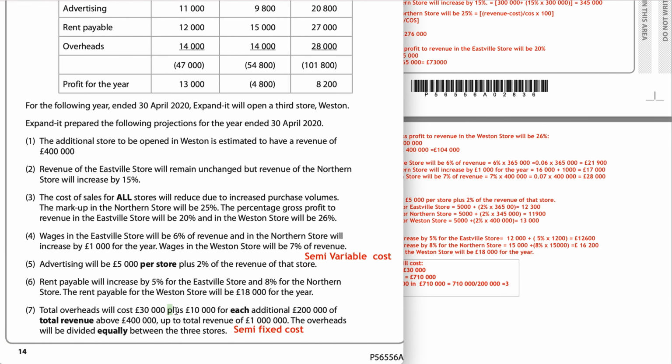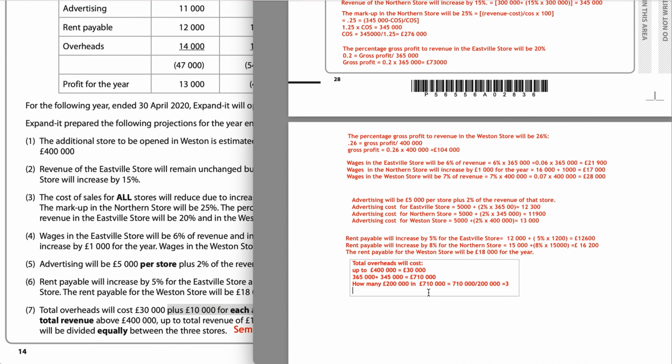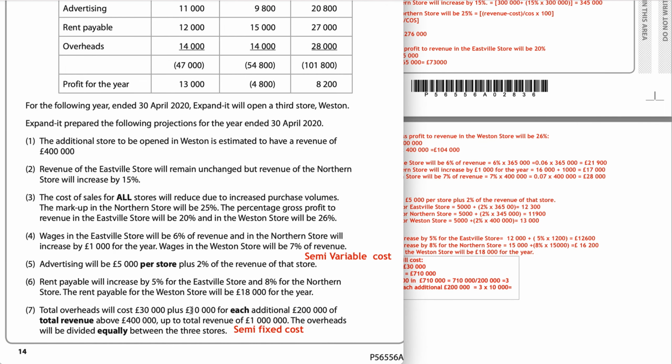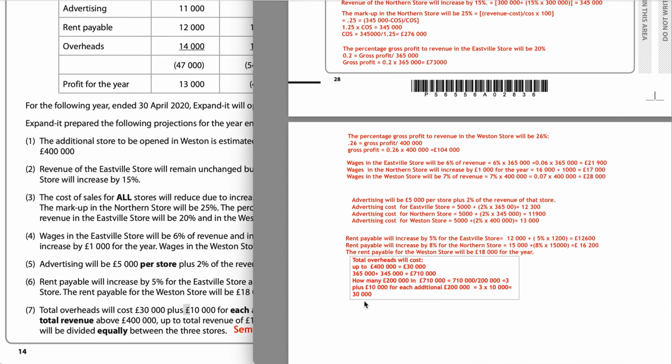So an increase of 10,000 for each additional 200,000, that is 3 times 10,000, equal to 30,000. So a 30,000 pounds increase will be there.